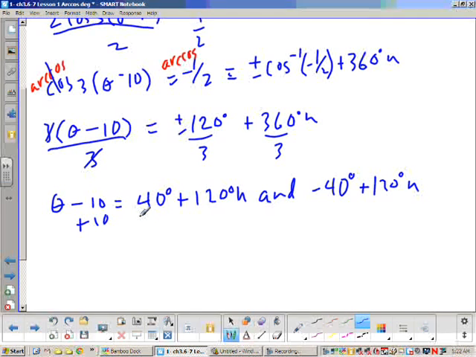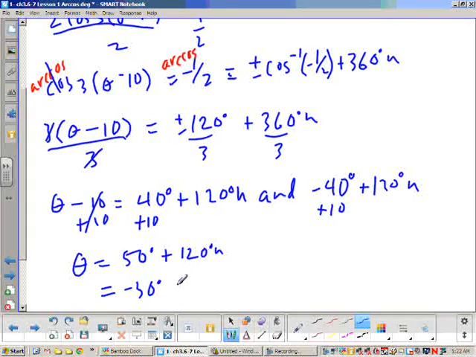When I add 10, I'm going to add 10 to the displacement, not to the period. The period doesn't expand by 10 degrees more. I just shift the curve to the right 10. So I get theta equals 40 plus 10 is 50 degrees plus the 120n. And then negative 40 plus 10 is negative 30 degrees plus 120n. And that is our answer.